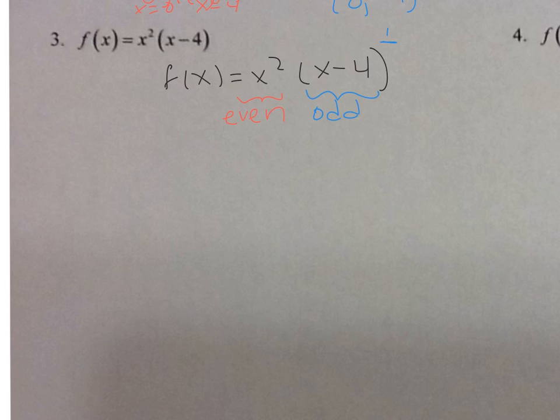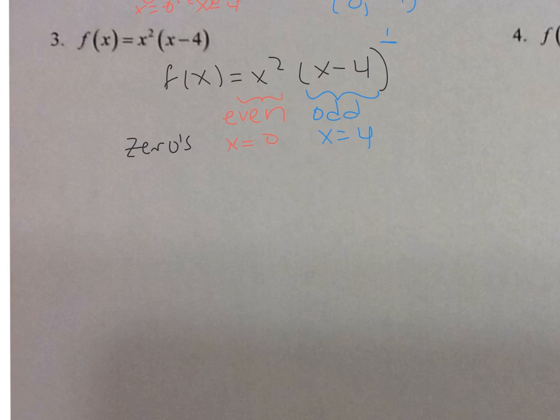Let's write down what our zeros would be. So right here for my red factor, if I set this equal to 0, I'll just get x is equal to 0. And over here for my blue factor, I'll set x minus 4 equals 0, so I'll get x is equal to 4. So I have two different multiplicities. I have an even and an odd, so I have to write two different ones.